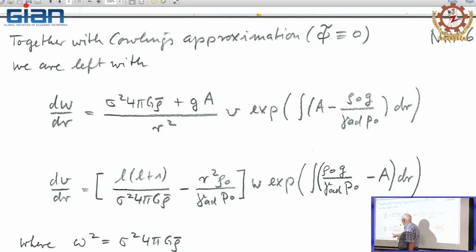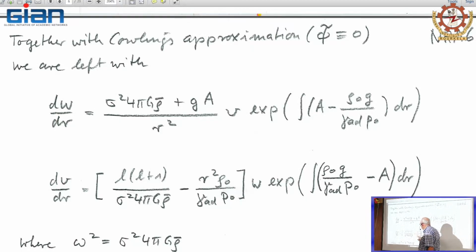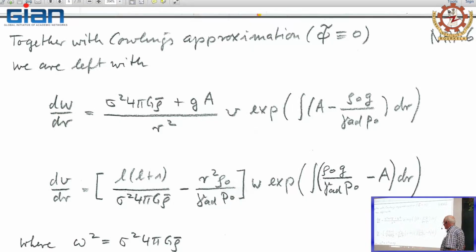And on the other side, we have dv by dr is the bracketed term involving L times L plus 1 over sigma squared, and here we have essentially the sound speed squared times w times this exponential. And observe the exponential here is just the inverse of the exponential in the second equation. They're just the inverse of each other.